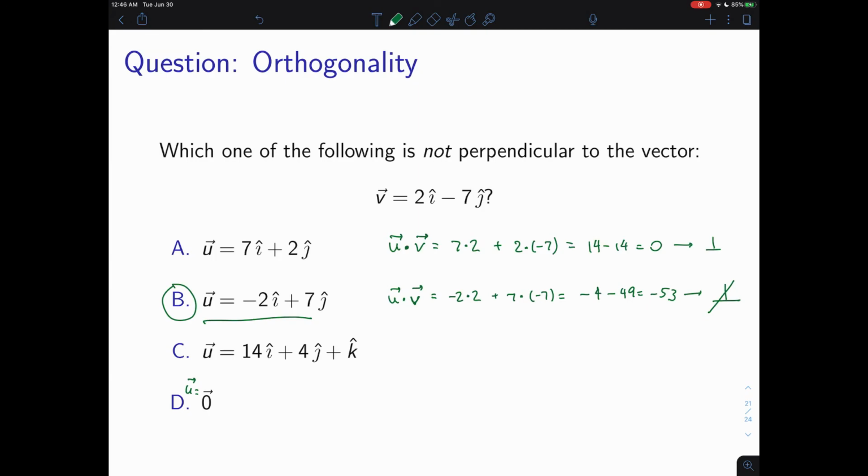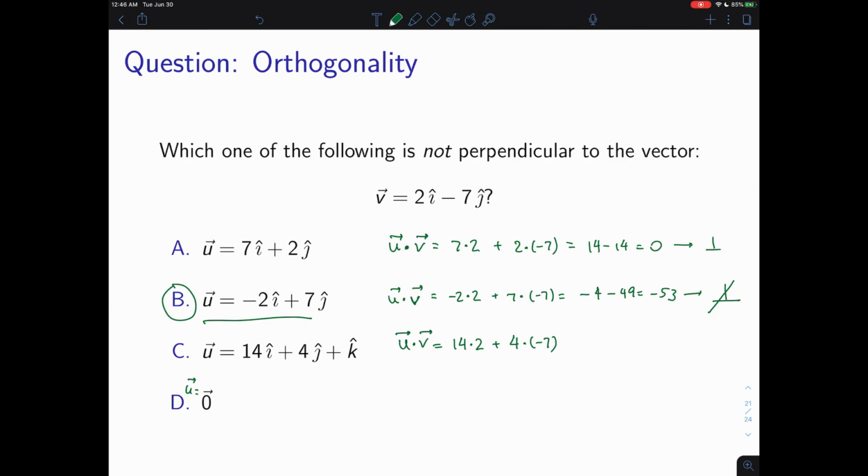Just for practice's sake, we can try it with C and D. We don't really need to, but just to demo it, we could do u dot v. So I'm going to take the first components, which are 14i and 2i. So I'm getting 14 times 2. And then the second components, which are the j components, I'm getting 4 times minus 7.